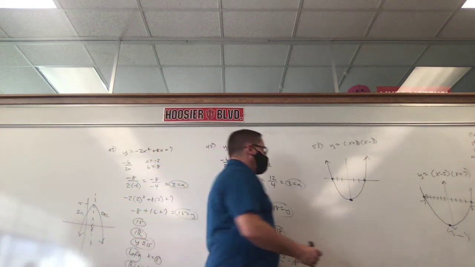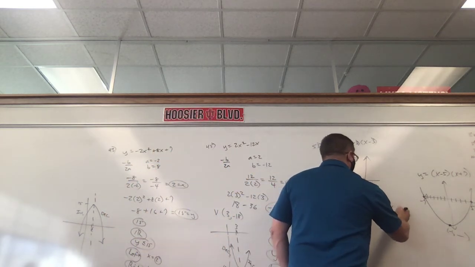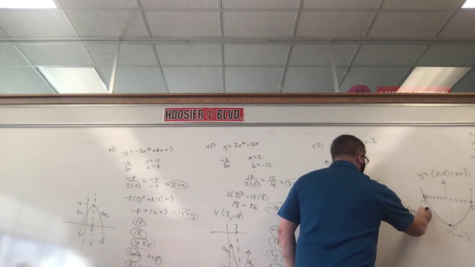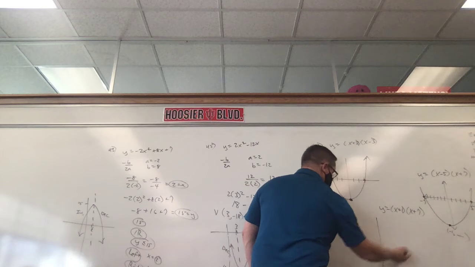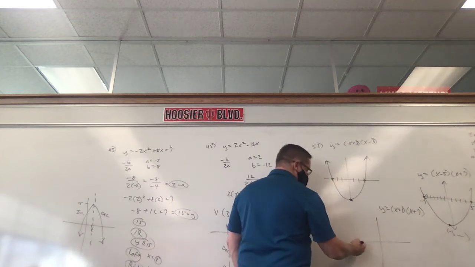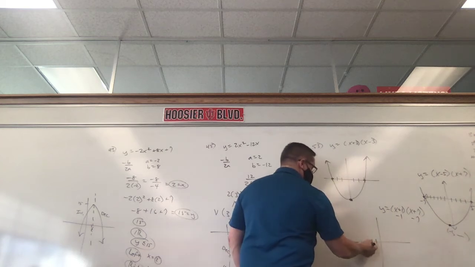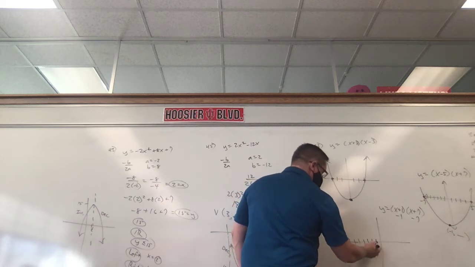I'll give you one more. If I gave you y equals x plus 1, x plus 7, where does that touch the x-axis? At -1 and -7. This one has a vertex at -4.